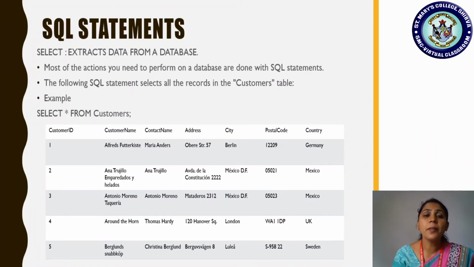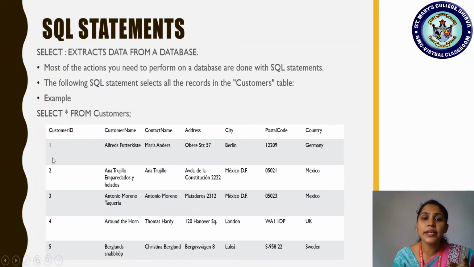SELECT * FROM Customers: select all the columns from Customers, where a condition is given. When you want to view a particular row and mention the condition, you should specify the column name. So WHERE CustomerID, which is the column name, equals 1.